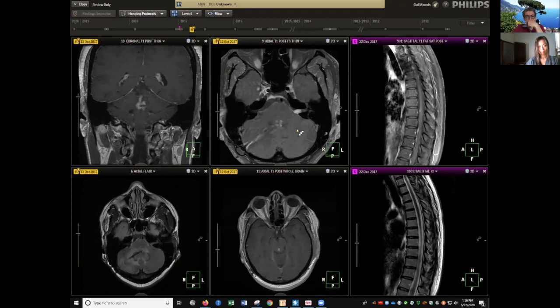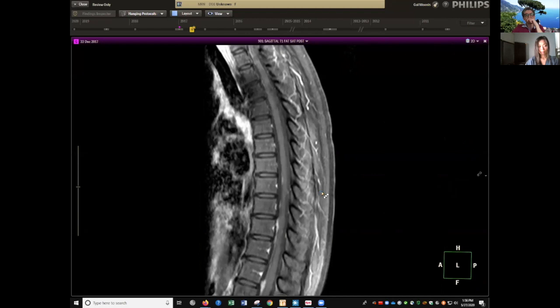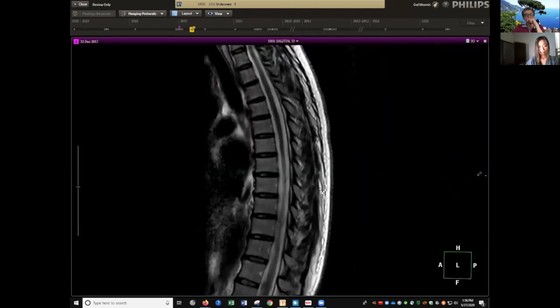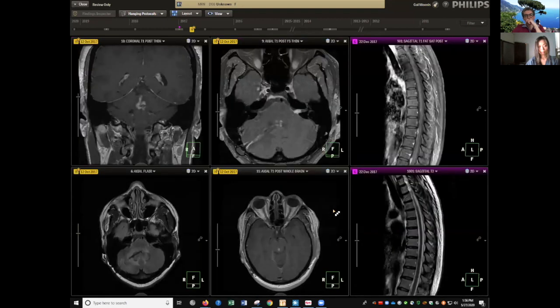But really, you have to start thinking of sarcoid in most differentials, as we already do in radiology. This patient also had MRI of the thoracic spine, and you can see some nodular leptomeningeal enhancement of the thoracic cord and some mild T2 signal abnormality also. So this is just a classic IAC involvement of neurosarcoid.